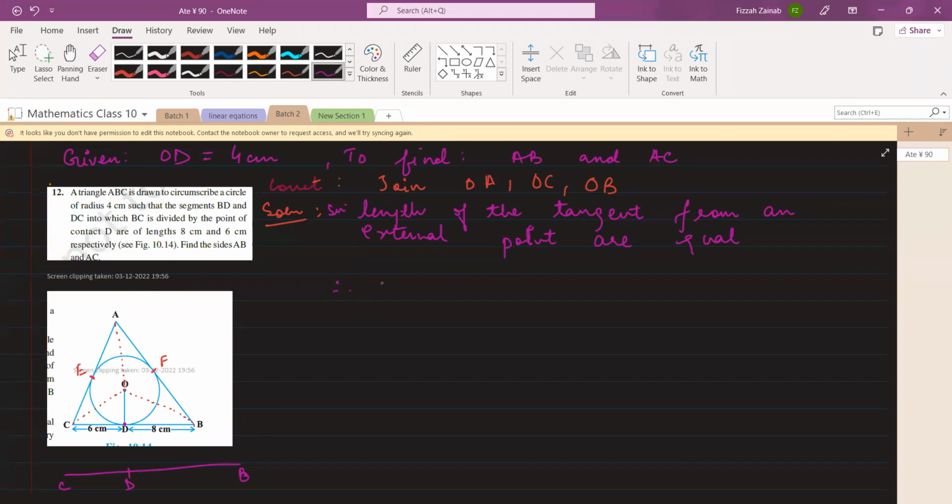So CE will be equal to CD, which is 6 centimeter. Similarly, BF will be equal to BD from the same theorem, and this is given to be 8 centimeter. Also from the same theorem, AE will be equal to AF. This is not given, so let us assume it's X centimeter for the time being.